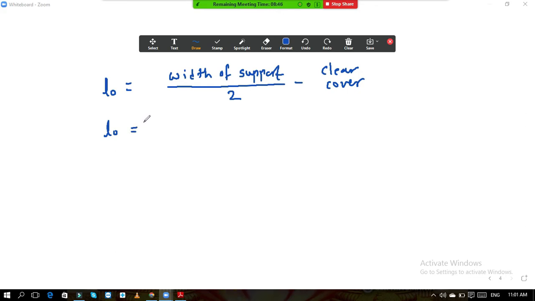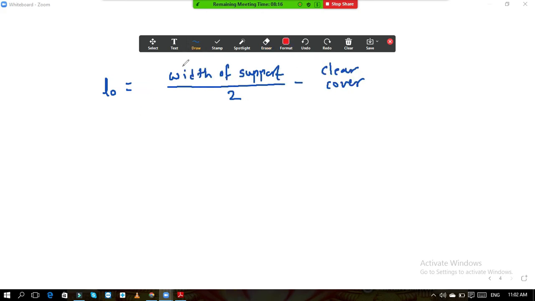Now what is the width of support? Is it given in the numerical? Check the numerical and let me know the width of support. So in the numerical the width of support is not given. Okay. So if the width of support is not given, then you need to assume the width.